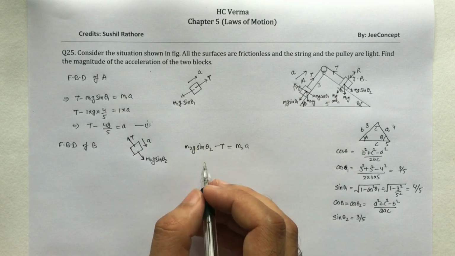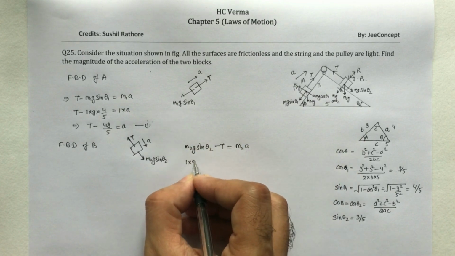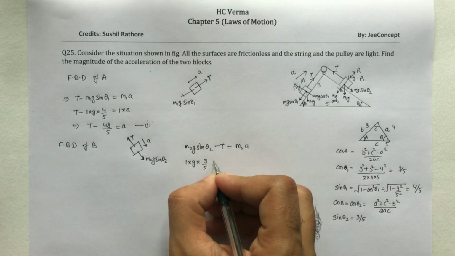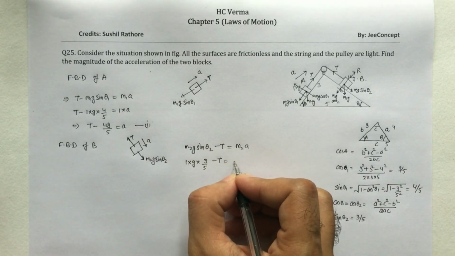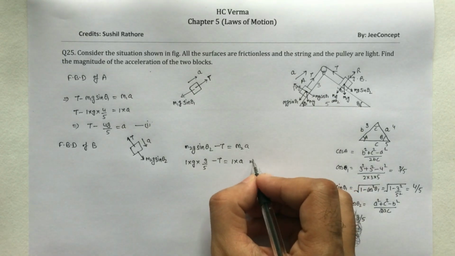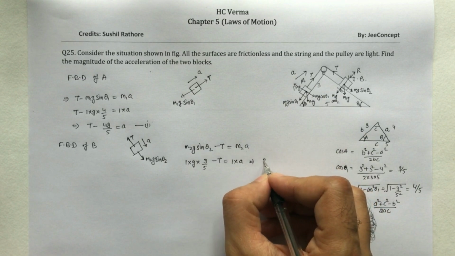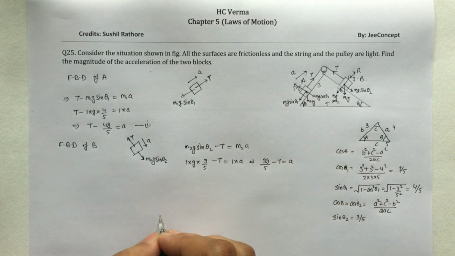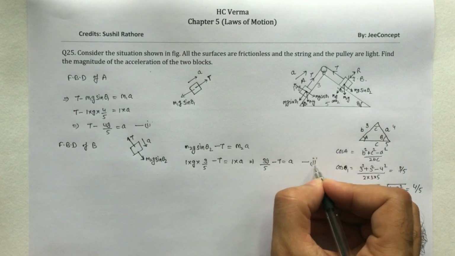Again m2 is 1, so this becomes 1 into g into sine theta 2, value is 3 by 5, minus T is equal to 1 into A. If I solve this, it becomes 3g upon 5 minus T is equal to A. This is equation number 2.